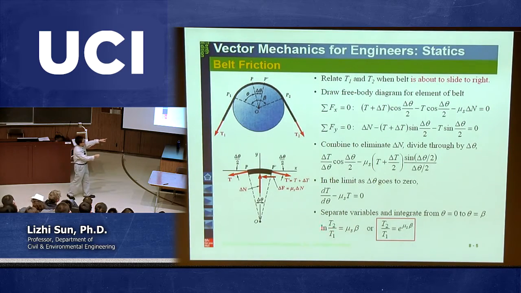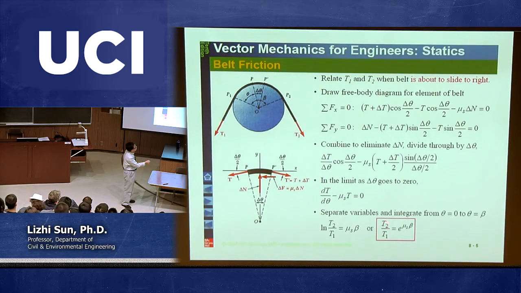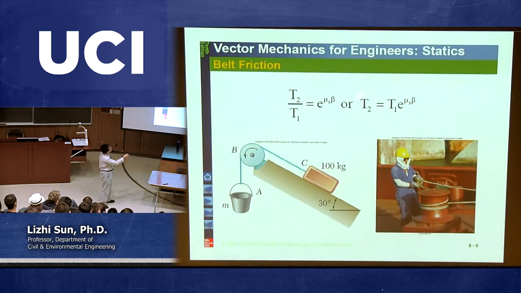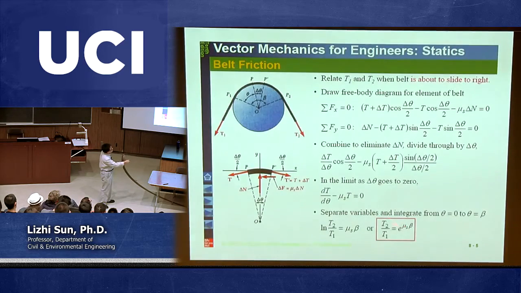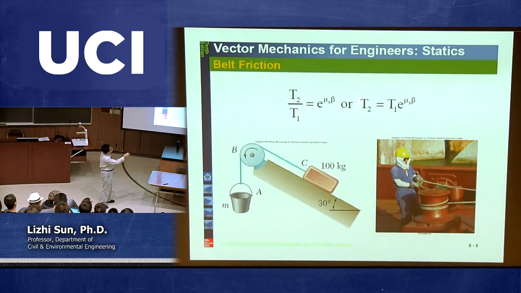So in other words, from this log equation, you can get an exponential equation, a relation between T2 and T1. This is not the equation I typically memorize. I would like to memorize this one, which is basically this, because it is easier for us to memorize. It is the same thing as this one, but I just want you to understand that in order to build a relation between this cable force and this cable force going through the belt friction case, you need to measure this angle.